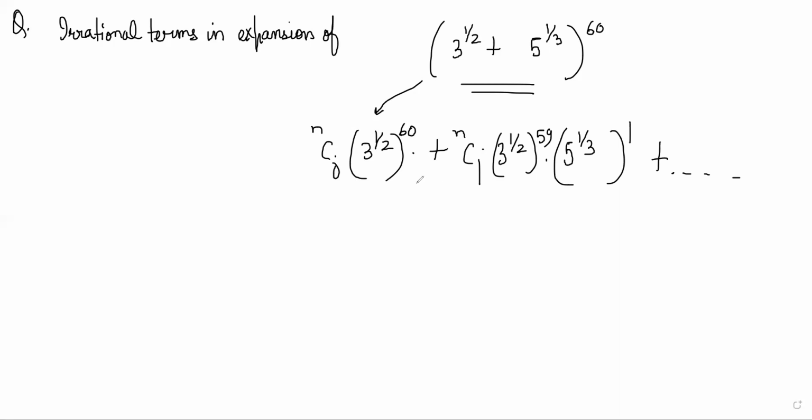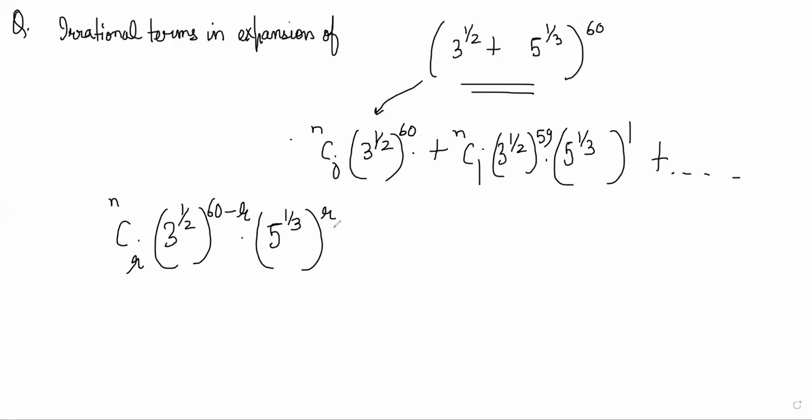So you have to realize that the terms will be rational when, let's take a general term, NCR 3 power half power 60 minus R and 5 power 1 by 3 power R, right?